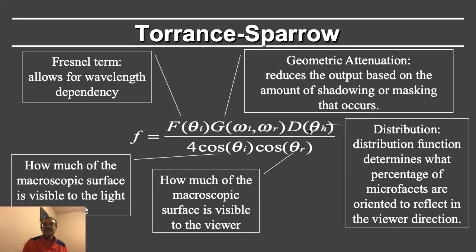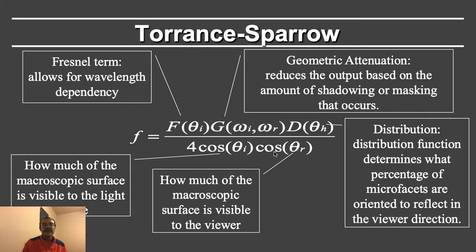And then there is a distribution term that essentially says how rough is the surface. If the surface is perfectly smooth like a mirror, then you will essentially get mirror reflection. But for a rough surface, you will get a broader specular lobe that's determined by this D term. And these are normalization terms that correspond to how much of the macroscopic surface is visible to the light source and visible to the viewer.